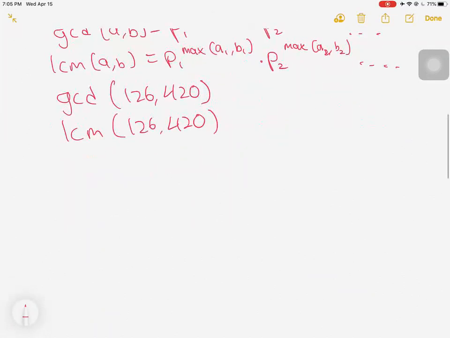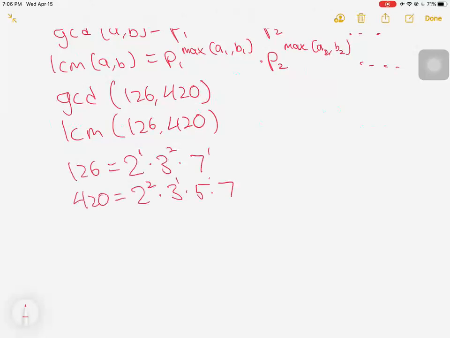So the first step is we're going to prime factorize both of these numbers. So we have that 126 is equal to 2 to the 1 times 3 to the 2 times 7 to the 1. And 420 is equal to 2 squared times 3 times 5 times 7. And we can write the exponents of 1 just to make them easier to see.